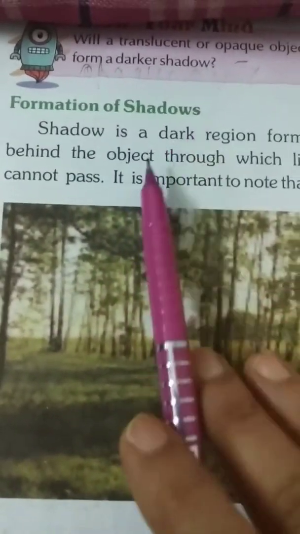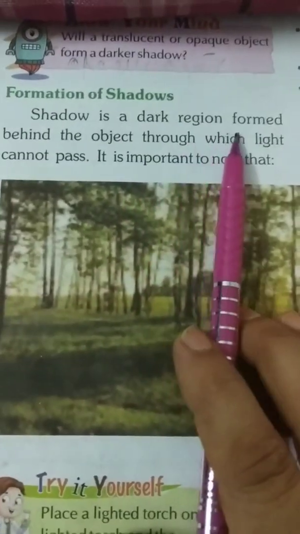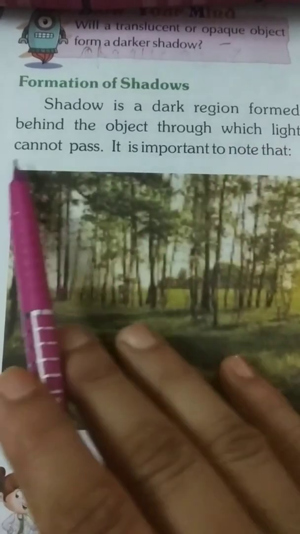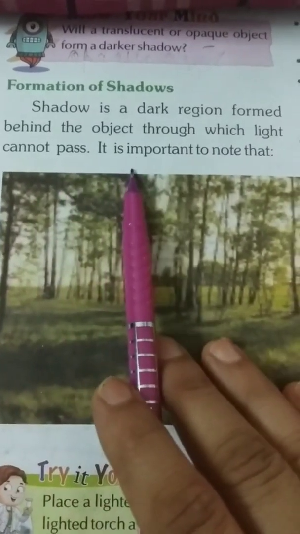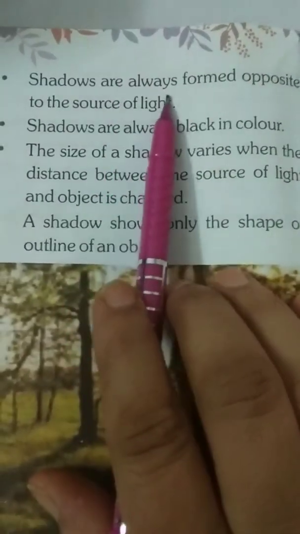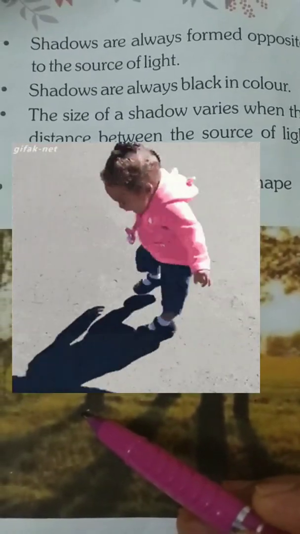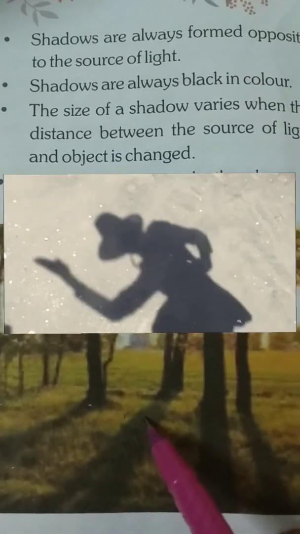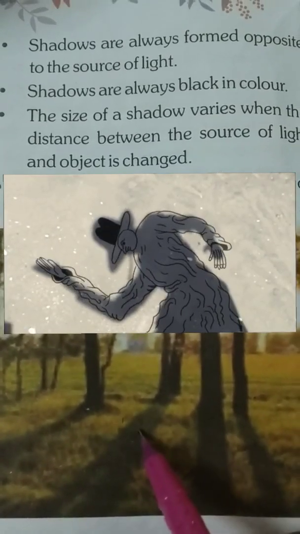Formation of shadow. Shadow is a dark region formed behind the object through which light cannot pass. It is important to note that shadows are always formed opposite to the source of light. Shadow is always black in color. You can see in this diagram also given in your book.